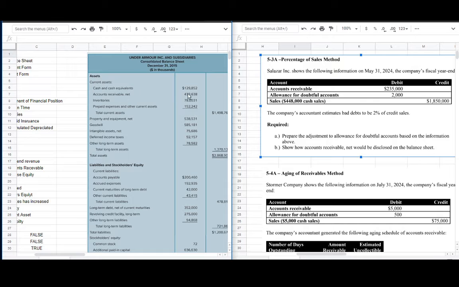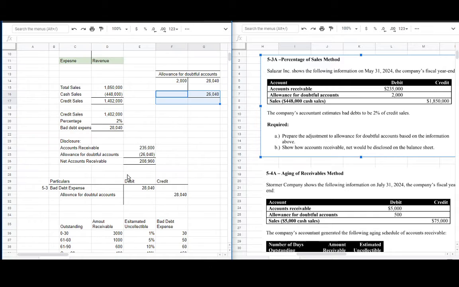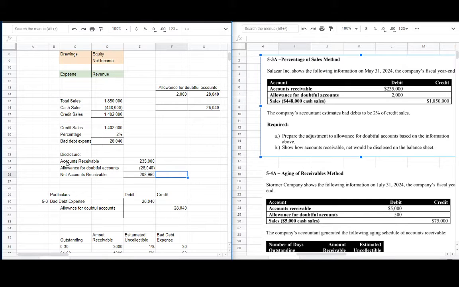And this is the AR under the current assets of 433,000. It is shown net. What we mean by net is that we subtract from the gross amount of accounts receivable the ending balance of the allowance for doubtful accounts of 226, and we end up with 28040.